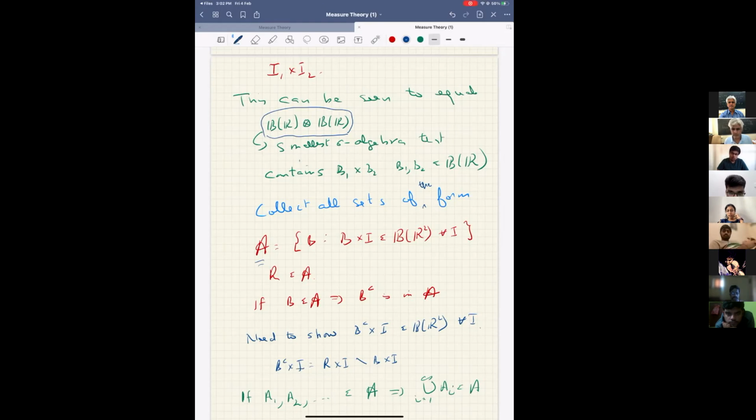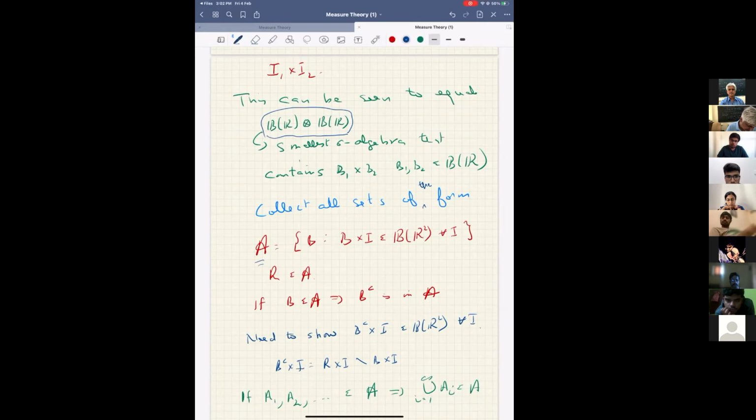So in A, B is a Borel set, right? B in Borel of R, or any subset of R? Yeah, I think we should, I was thinking about that right now. Might as well keep it in Borel. You can unnecessarily get unpleasantness otherwise. So B in Borel R. Otherwise, you might get a bigger sigma algebra, and it might cause problems somewhere, a technicality.